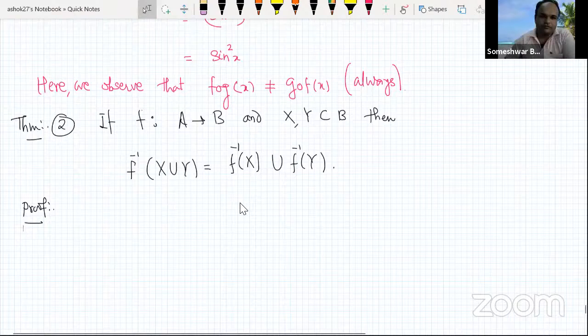Two sets are equal if they are subsets of each other. So we should prove these two sets are subsets of each other.